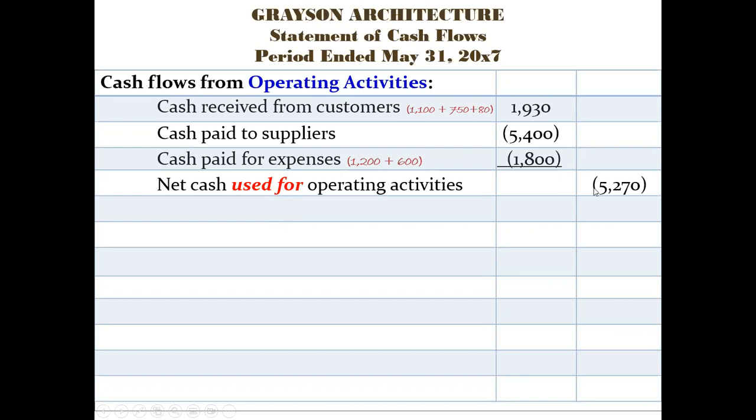You use more than you got. So you'd look for the answer that says 5,270. In this question, the next one, cash flows from investing, I put 0 to hold the space because there is none in this question.